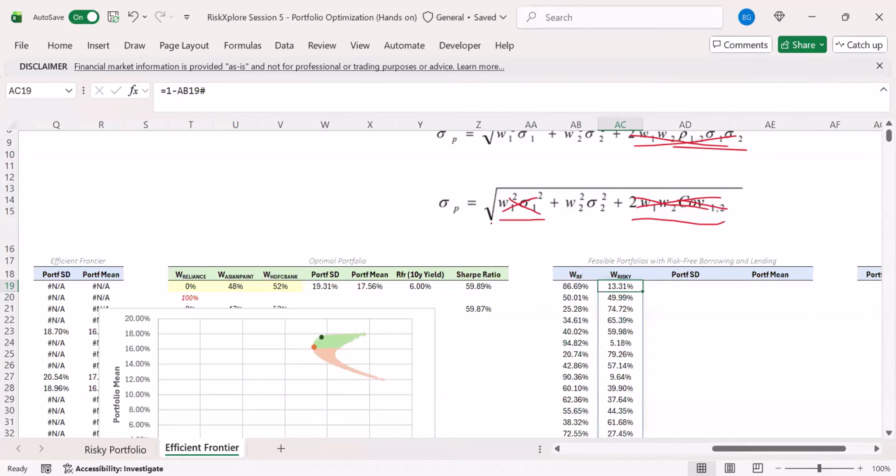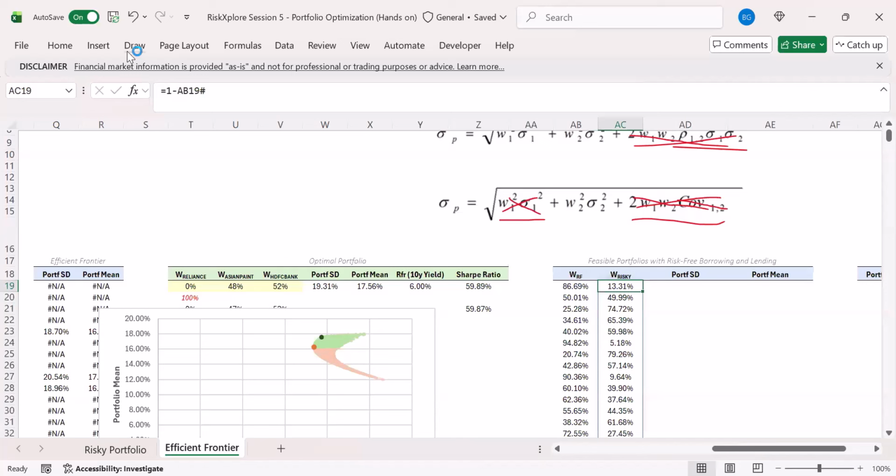So what we are left with is square root of weight 2 square, that is weight of the risky asset, multiplied by variance of the risky asset, and we are taking the square root of that. So the portfolio SD combining the risk-free asset and the risky asset is simply the weight of the risky asset multiplied by the SD of the risky asset.